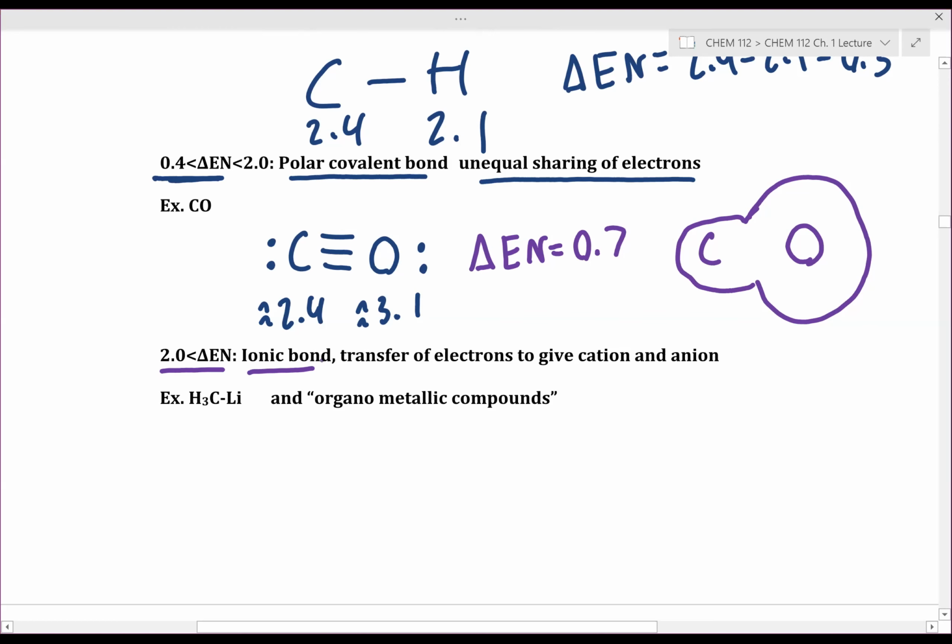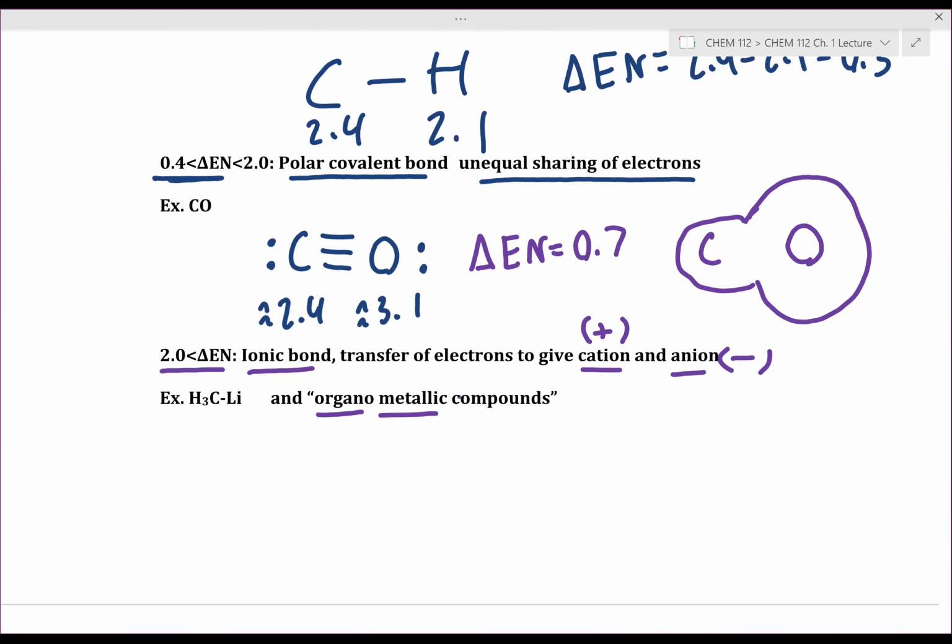This is a strict transfer of electrons to give a cation, which is positively charged, and an anion, which is negatively charged. This really comes up in our organometallic compounds, organic ions that are associated with a metal cation.